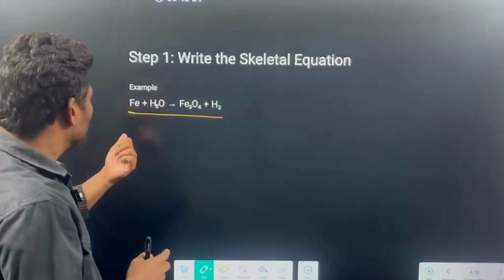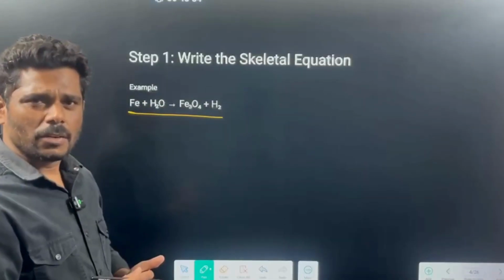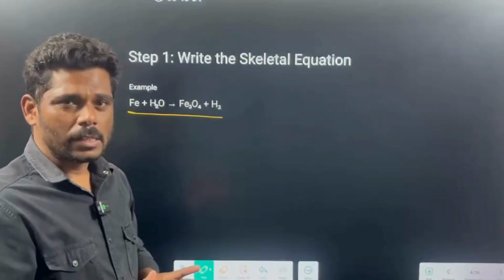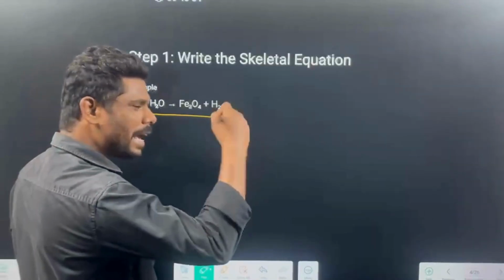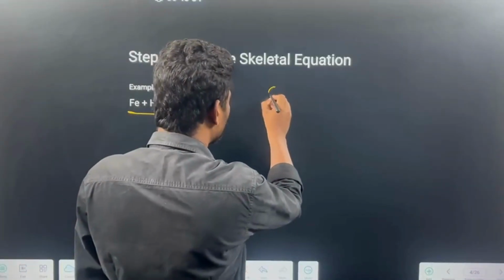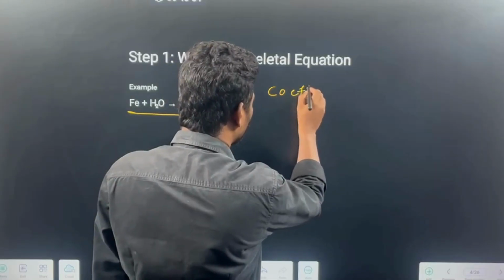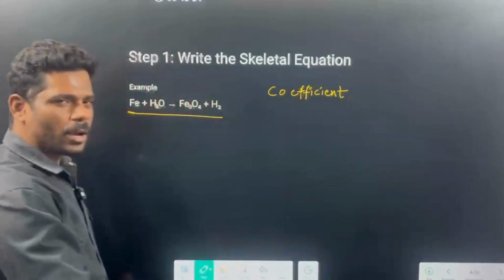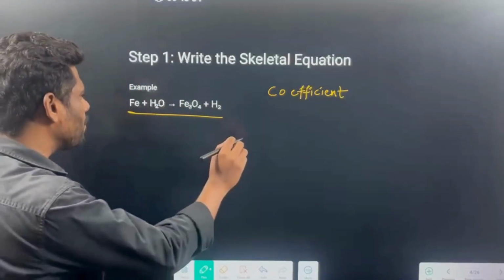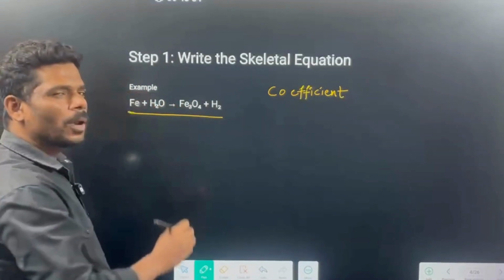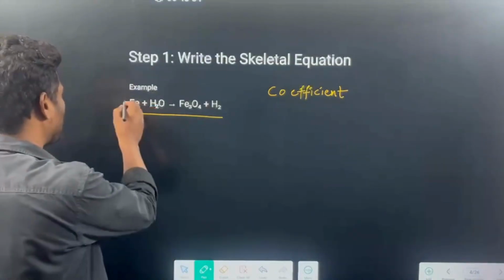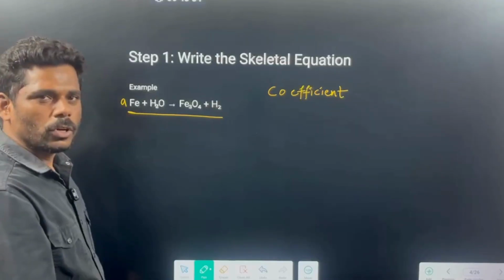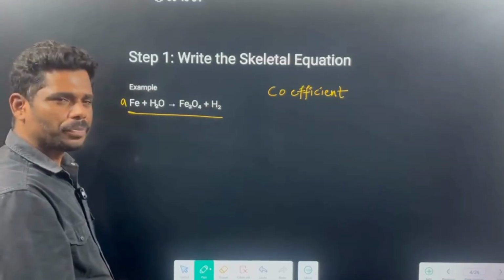In any chemical equation, for balancing it, we use numbers. There are two types of numbers in any chemical equation. The first type of number is a coefficient, the number preceding the formula in the equation. For example, if I assume A here, the A will tell you the coefficient of iron.